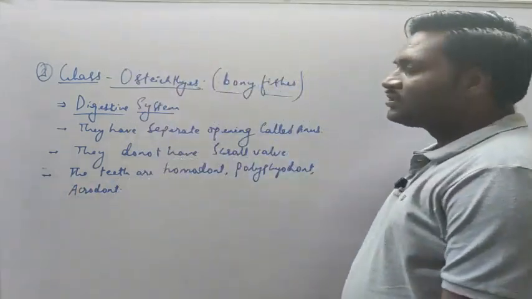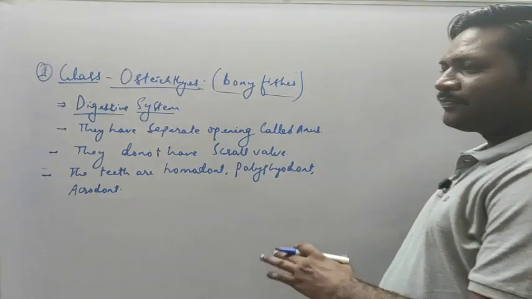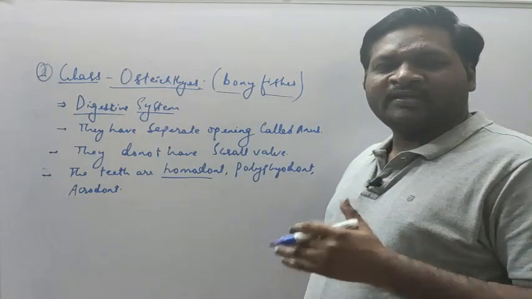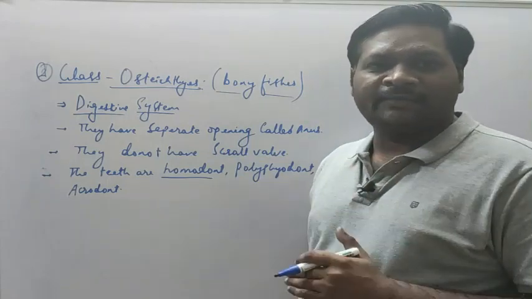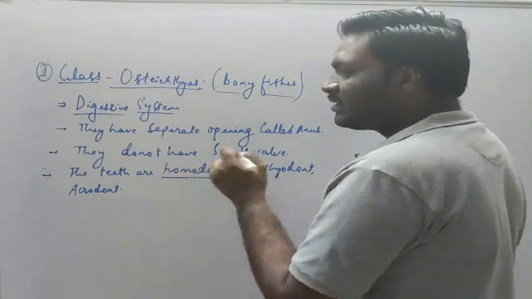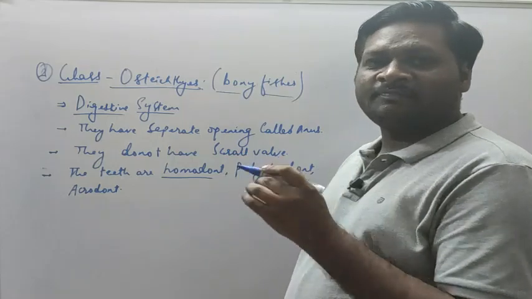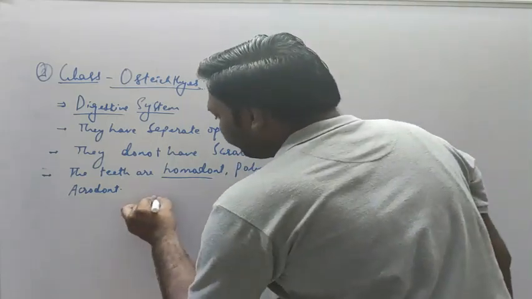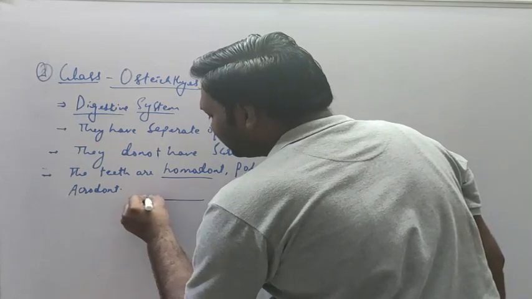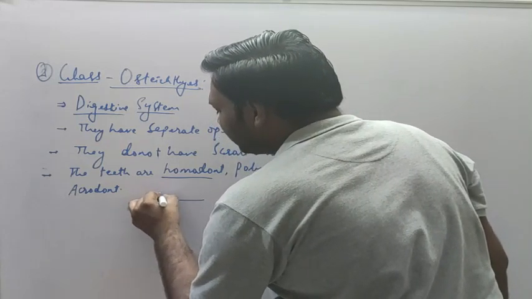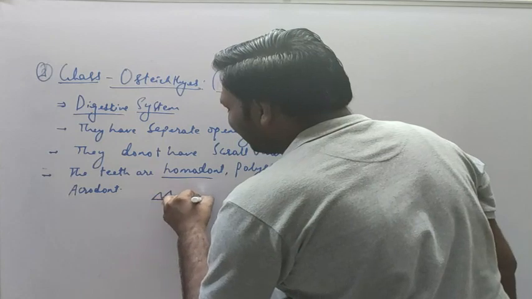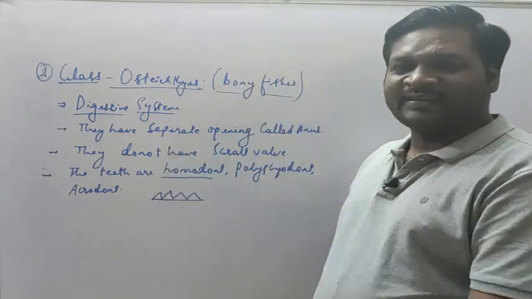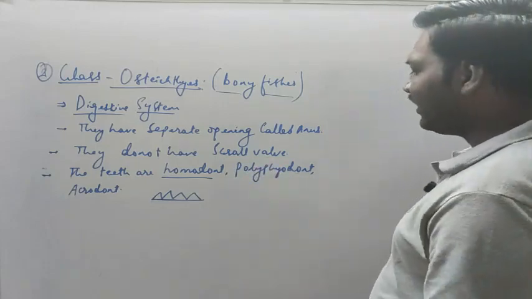See, in case of fishes, we can see such a property. Homodont means all the teeth have similar type of shape. Homo means same and dont means teeth. Same type of teeth are seen. Suppose this is the jaw socket on which the teeth are arranged. Such an arrangement of teeth can be seen, which have the same shape, that is triangular pointed sharp teeth.